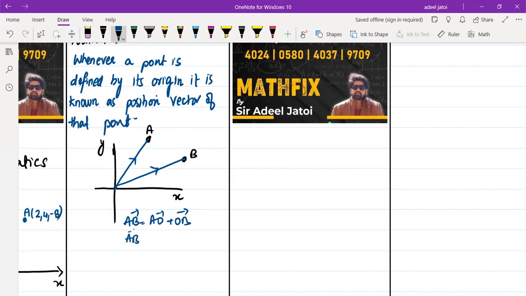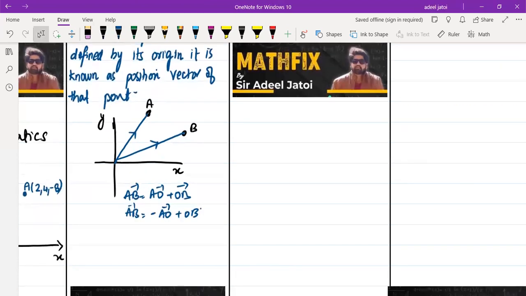AO will be negative, right? And positive OB. So if OA is there, we can directly have negative OA. So AB can be written as OB minus OA.